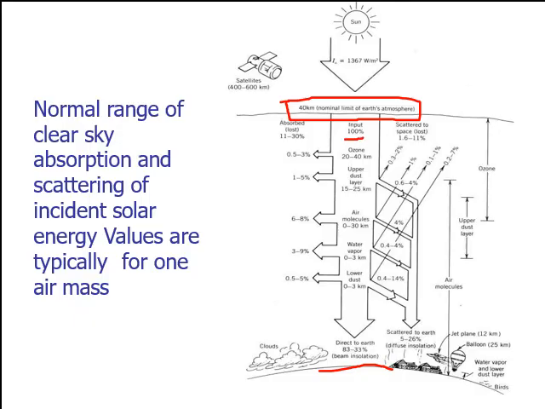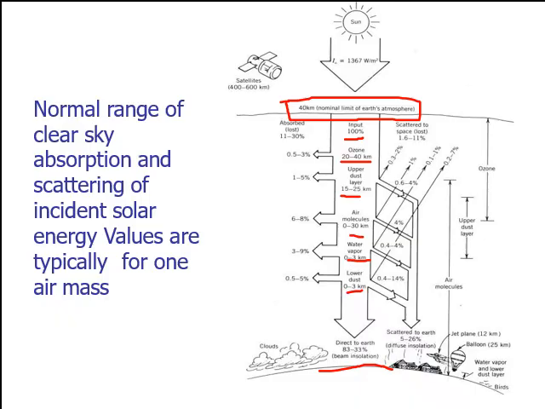Then it is deflected by the ozone for the UV, and then the upper dust layer, air molecules, and then near the lower ground there are water vapor clouds, and to the lowest layer it has the dust. So all these layers are contributing into the diffused solar irradiation or scattered solar irradiation.